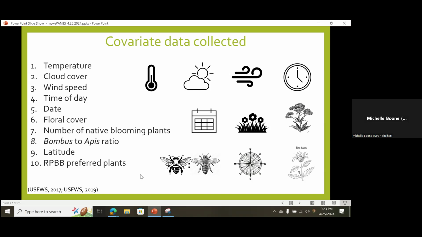So you do your survey and you come up with these estimates of how many bumblebees to honeybees, latitude, and then rusty patch bumblebee preferred plants. So the Fish and Wildlife Service has published a list of rusty patch bumblebee preferred plants. So this was just a simple presence absence. Either one of those plants is blooming at the site or it's not.